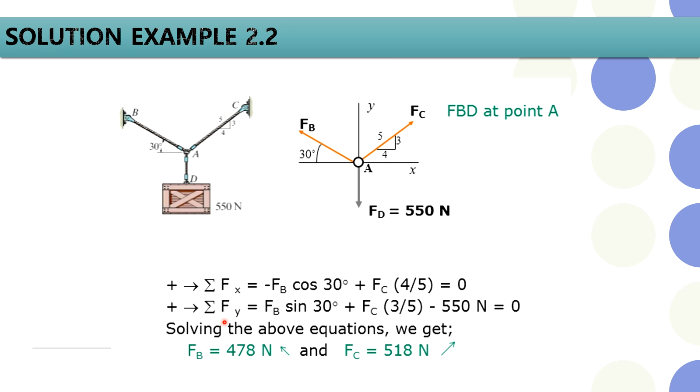The same concept applies to your Y equation. You write FB sine 30 degrees plus force C times 3 divided by 5 minus the weight equals 0.